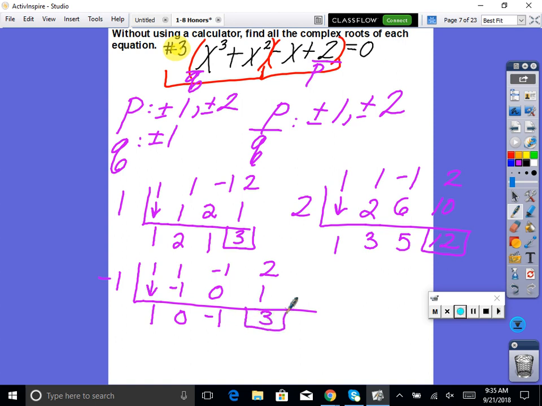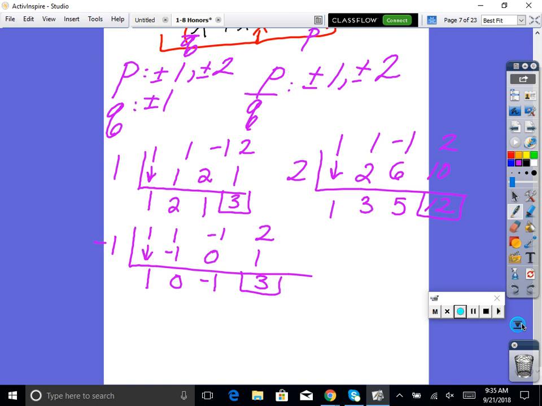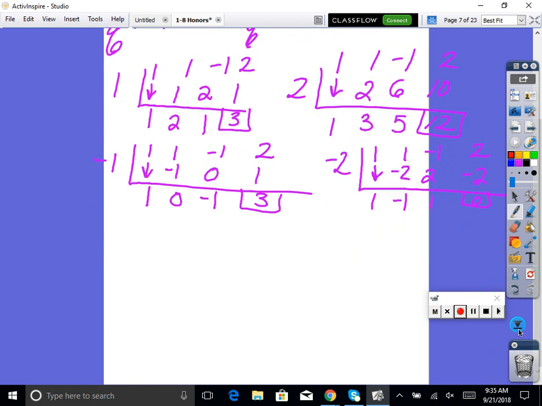I just got no to negative 1. Our last hope is negative 2. But remember that it doesn't necessarily have to be rational. Oh, right. Yeah. There it is. Awesome. So we have negative 2.